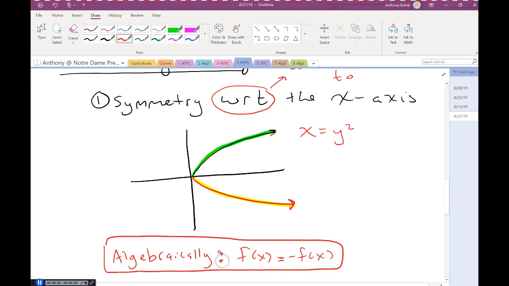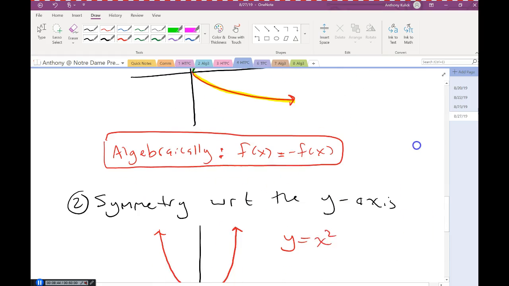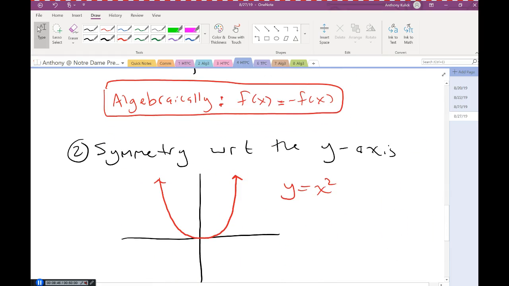Worth noting, something that's symmetric about the x-axis, can that be a function? It can never be a function, right? By its very definition, it would have to fail a vertical line test.